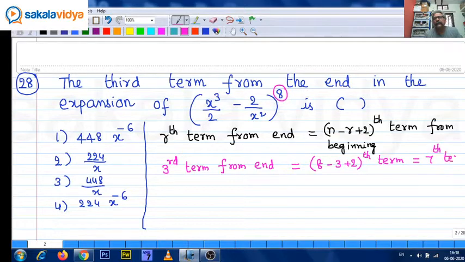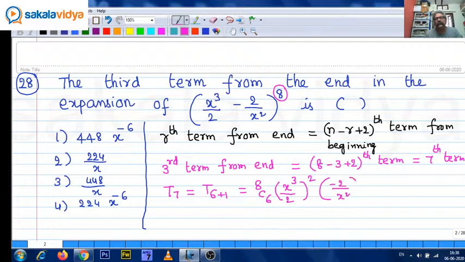That means find T7 in the expansion. T7 equals, directly I will write T6 plus 1. This is 8C6, x means x cube upon 2, 8 minus 6 is 2, (minus 2 by x square) whole to the power of 6. You need to simplify this one. Then you will get the answer.